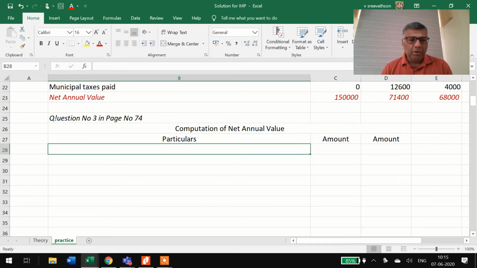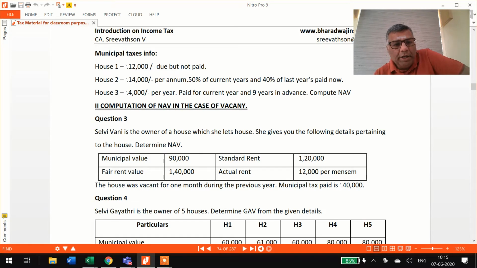MV or FRV, whichever is higher, I will hit at 1,40,000. That answer or standard rent, whichever is lower, I will hit at 1,20,000. That answer or actual rent 1,44,000, whichever is higher.